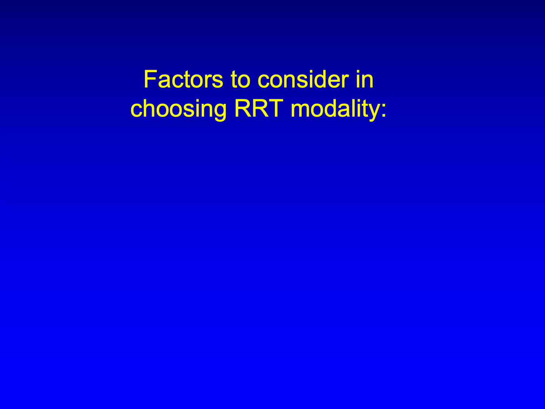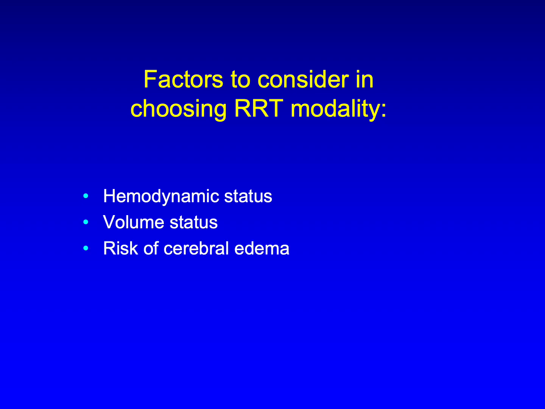So the factors that we take into consideration when deciding upon which modality of RRT is the best to use for a particular patient include things like these. If the patient has an unstable hemodynamic or volume status or is at risk for cerebral edema, the slow continuous modalities are safer and are much better tolerated than a 4-hour hemodialysis, which may induce wide swings in volume, blood pressure, and osmolality, or rapid shifts between body fluid compartments.